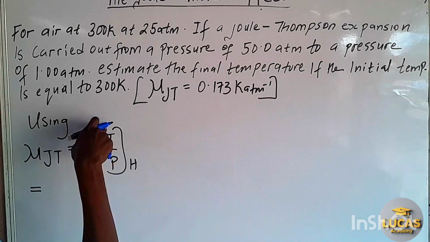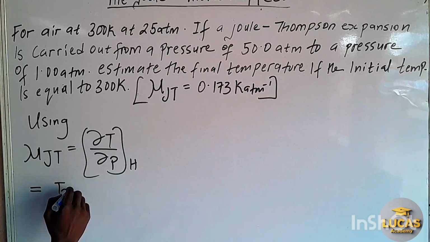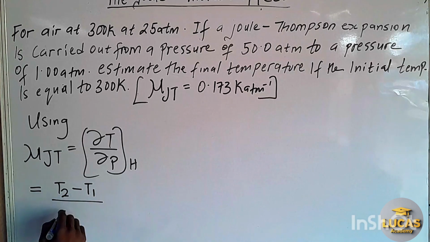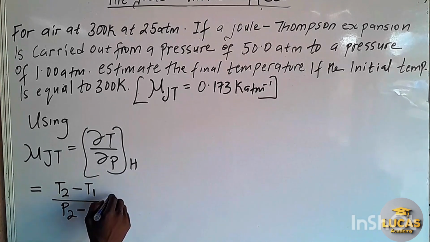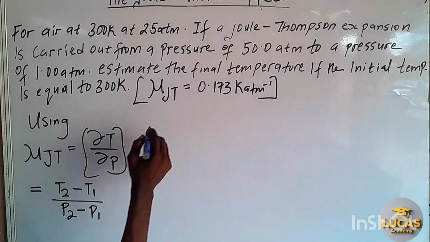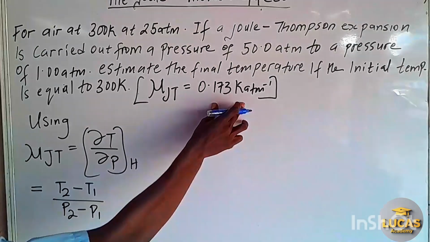So we are going to be looking for the temperature change, which is T2 minus T1 over P2 minus P1. From what we have here, the coefficient of Joule-Thomson is given to be this.